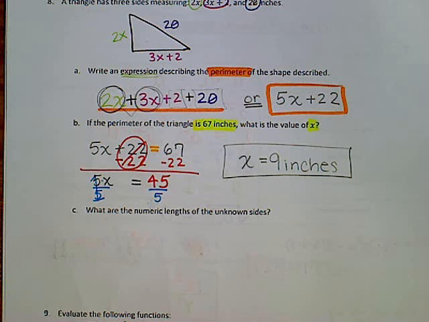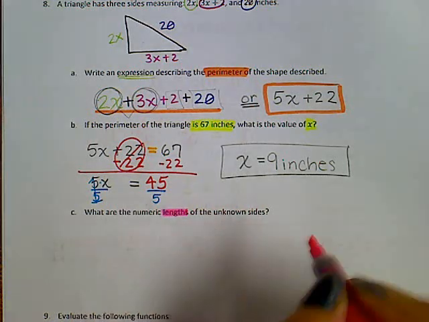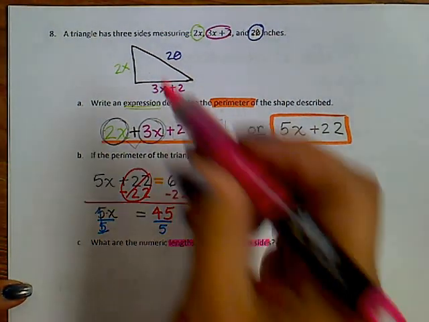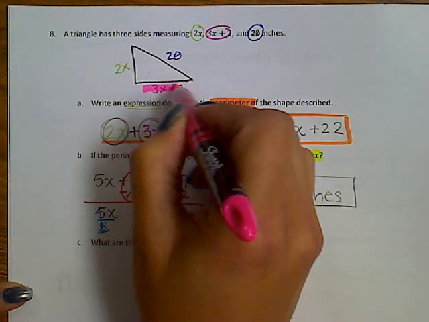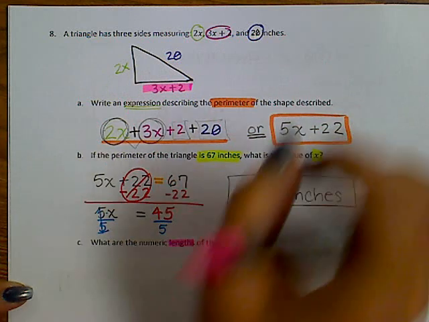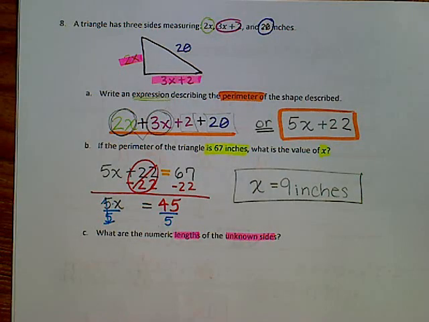Now, what are the numeric lengths of the unknown sides? I'm going to come back over here because I have 2 sides that I do not know because I only have 20, that is a numeric value, but these are unknown.